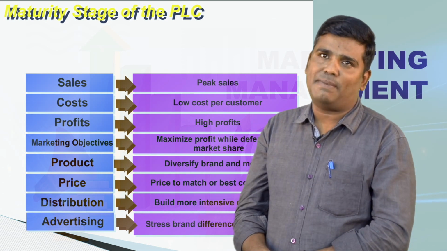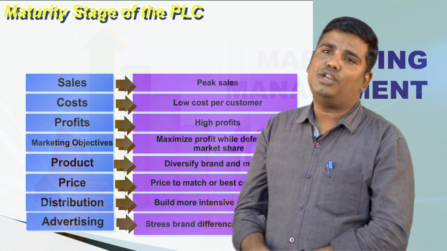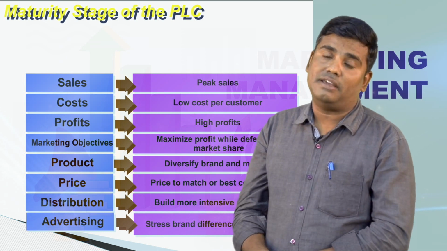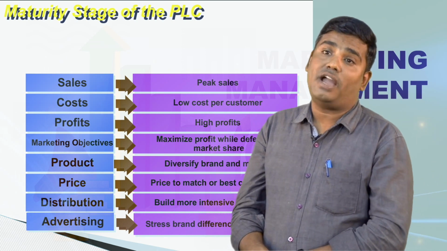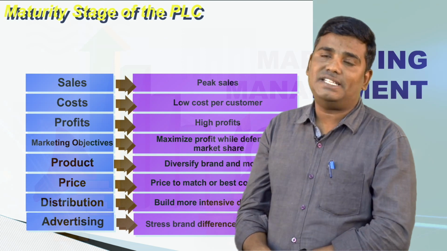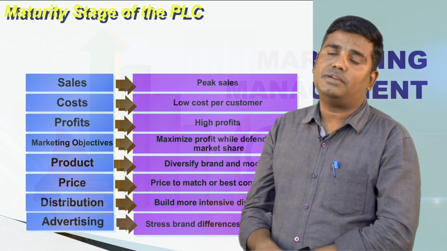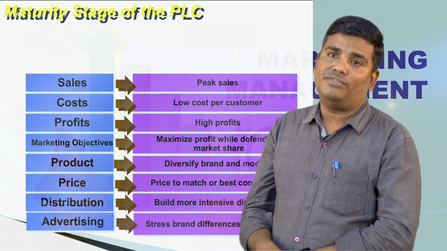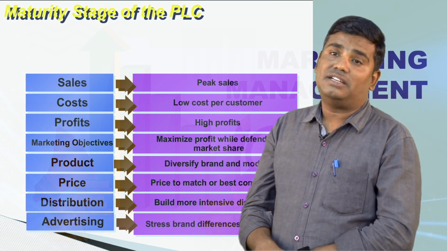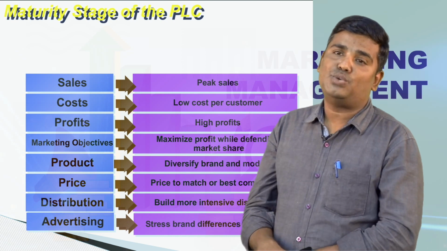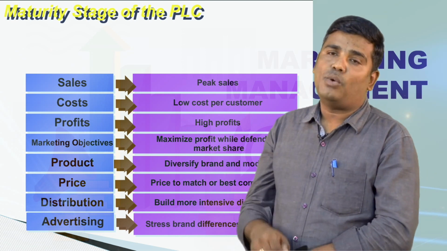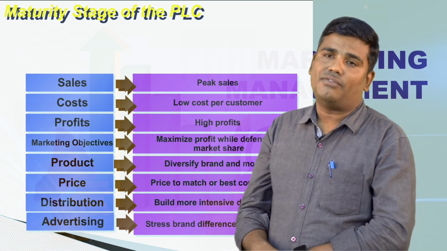Suppose the company predicted that this year I am going to get 200 crores profitability, but the company is going to get 500 crores. They cannot imagine or predict what volume of profitability they can get out of their product. This is the drastic change one can identify during the maturity stage of the product.